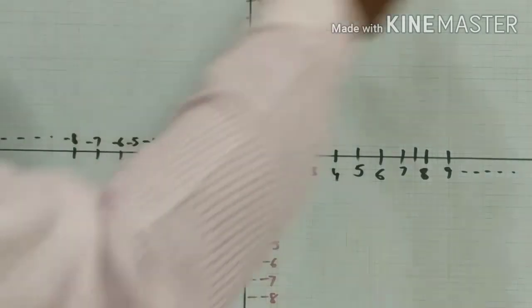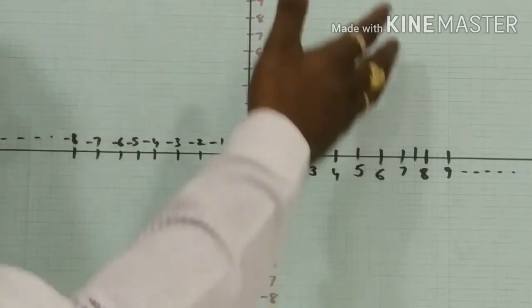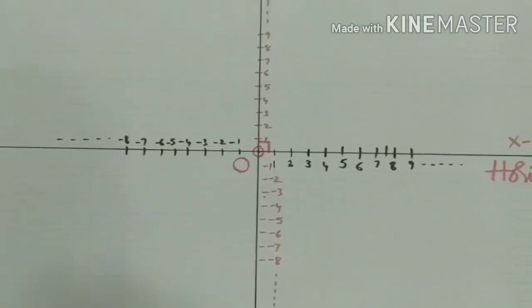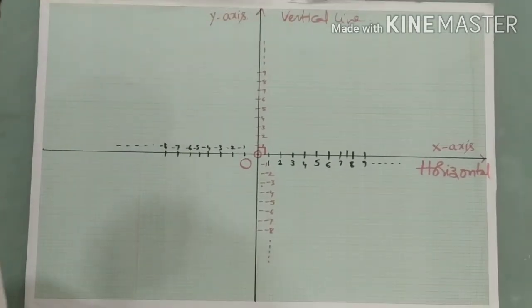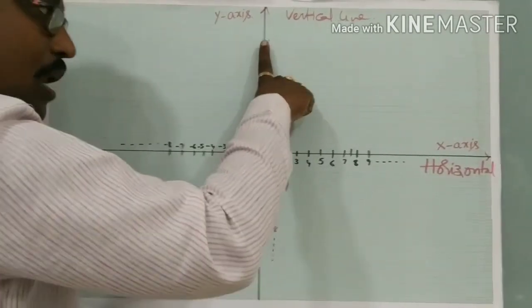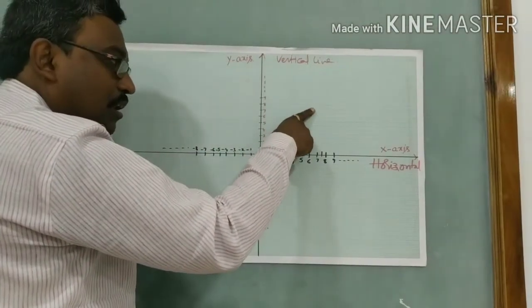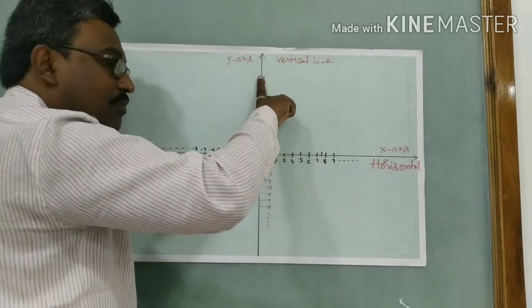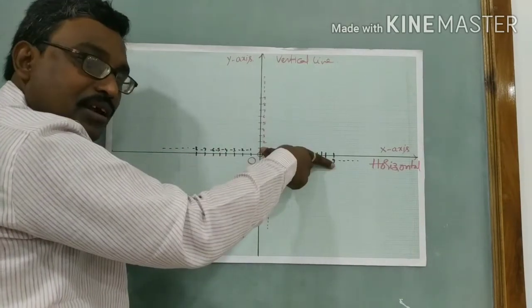Now the entire Cartesian plane is divided into 4 parts. Now we are dividing these 4 parts in the anti-clockwise direction. Clockwise direction means what? If it is 12, 1, 2, 3, 4, 5, 6, the clock will rotate in this direction.